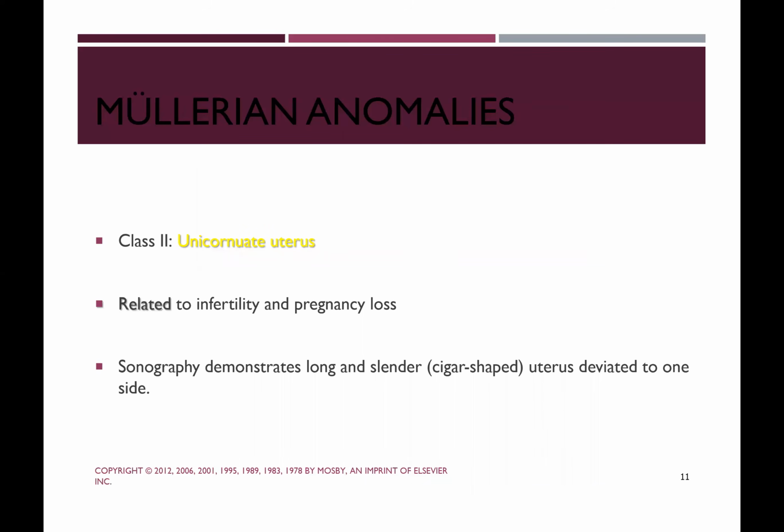You can also just have a uterus that has not developed. One of my patients way back when, she was like 16 or 17, had all of the symptoms of going through puberty, but she had not had a period yet. So they wanted us to scan her, and I scanned her, and there is no uterus, but she had both of her ovaries because the ovaries develop from a different duct.